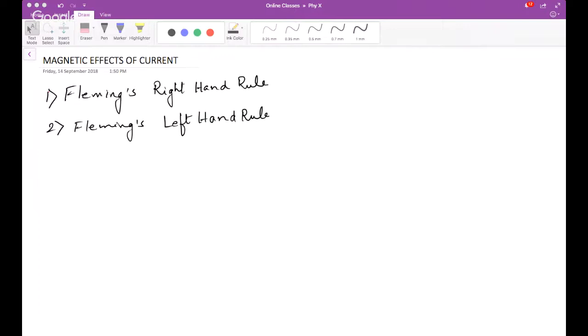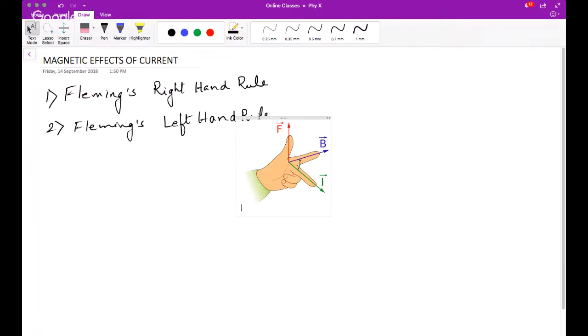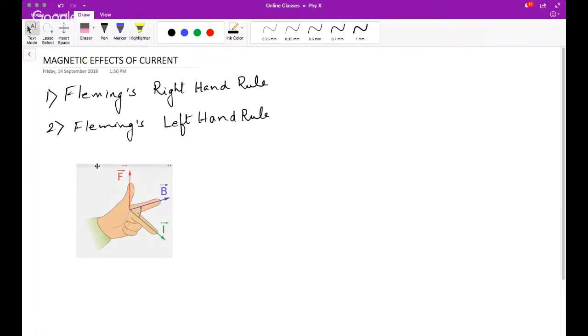So I'll pick up a Wikipedia image and paste it here. So this one is from Wikipedia.